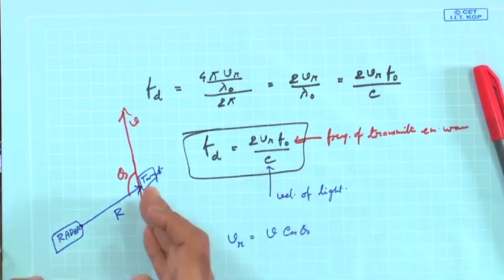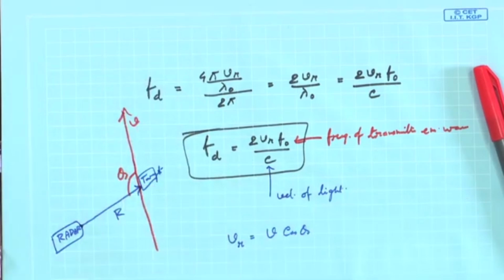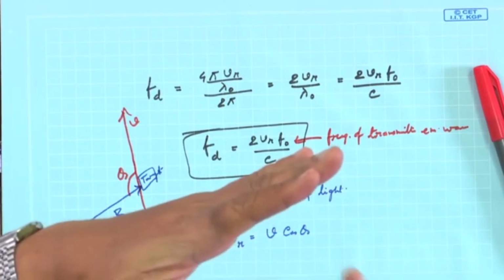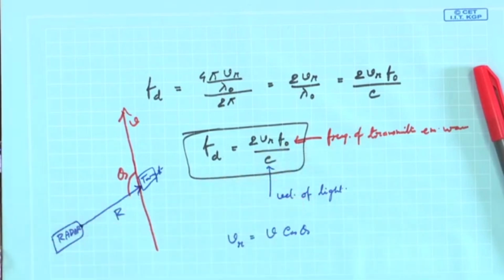So, remember that if this angle theta turns out to be 90 degrees, that means from this radial direction the velocity vector is orthogonal to that, then Doppler won't be detected.